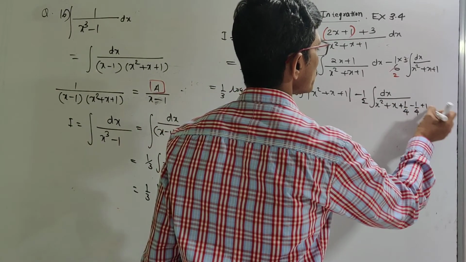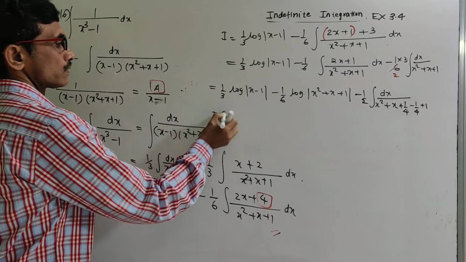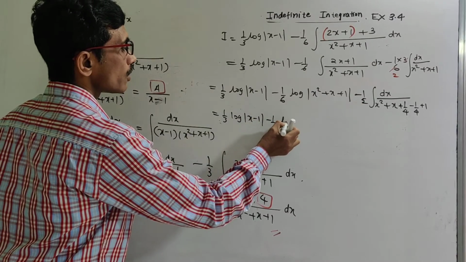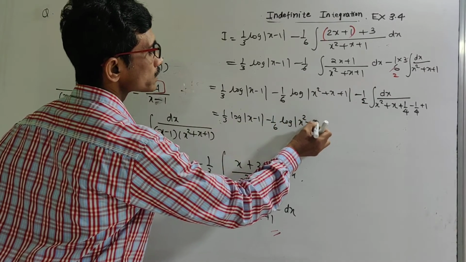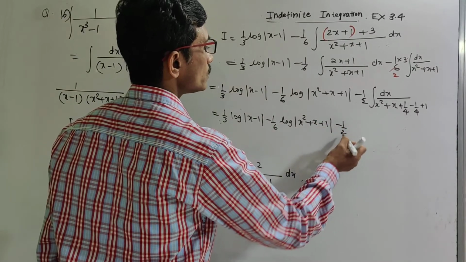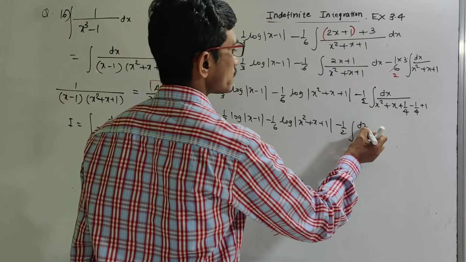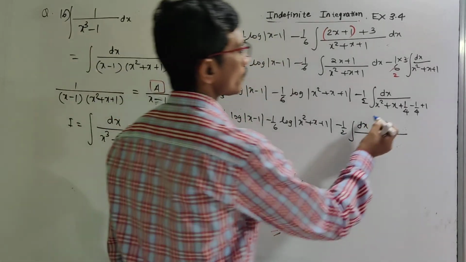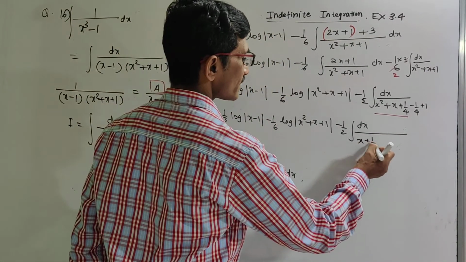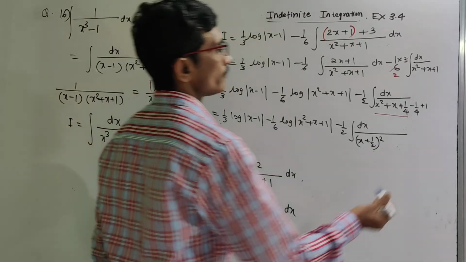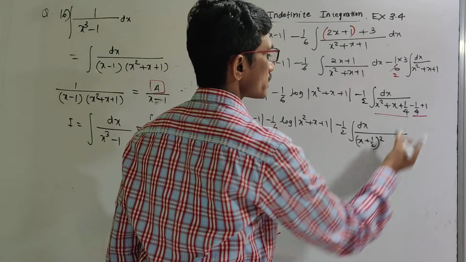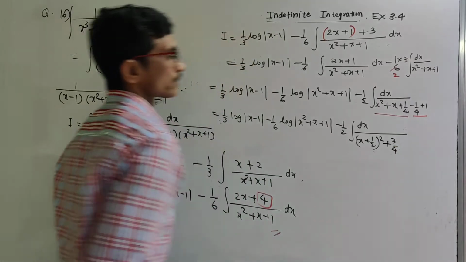Minus 1/4 plus 1. 1/3 log x minus 1 minus 1/6 log x square plus x plus 1, minus 1/2 integral dx upon x plus 1/2 whole square, and this we have to evaluate. 4 minus 1, that is 3/4.